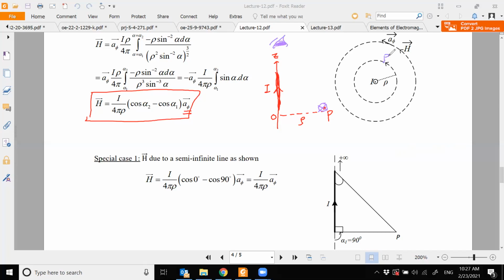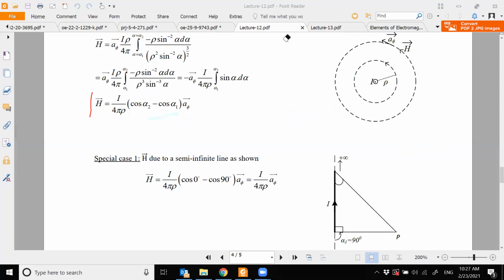If this is my point P, then the magnetic field will be like this, rotating and forming circles. So this is the magnetic field created by the line. And remember, it's a finite line, not an infinite line, because you know both the ends of your line.